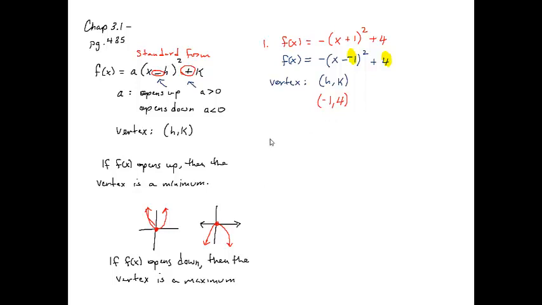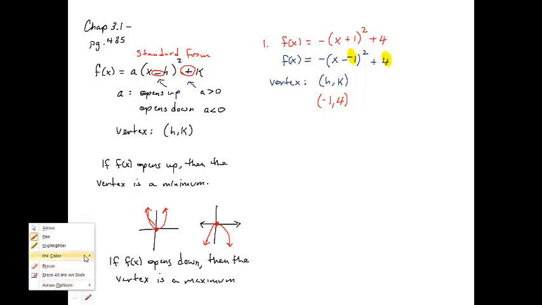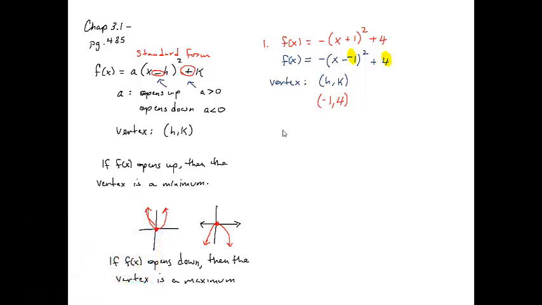What about my intercepts? So let's first work with our y-intercept. The y-intercept is where x equals 0. Remember, it's on the y-axis, which means x equals 0. So everywhere I see an x, I'm going to plug in 0.